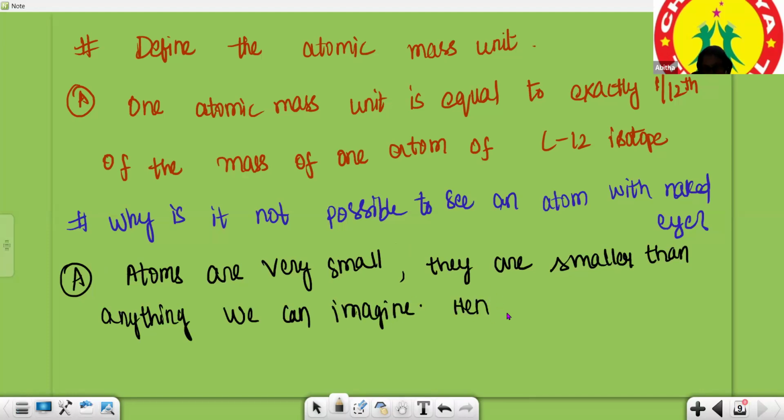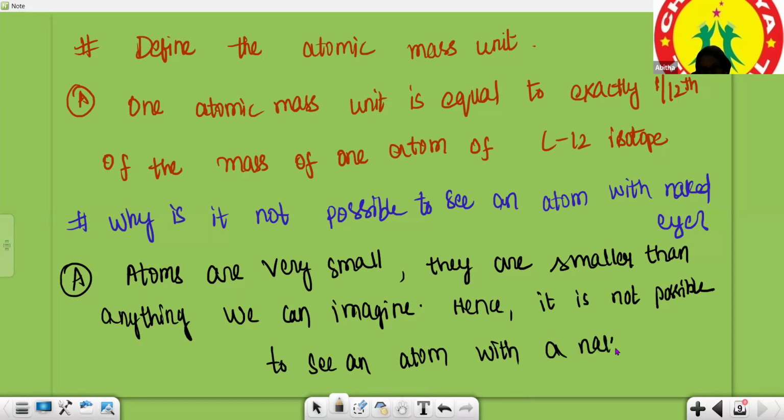Hence, it is not possible to see an atom with the naked eye.